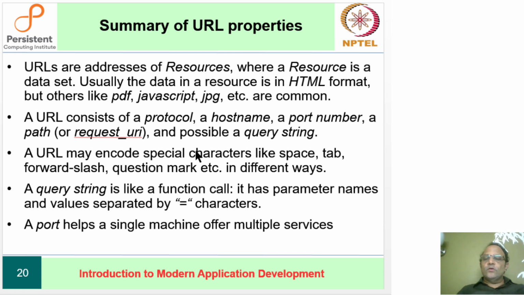A URL can encode special characters like space, tab, slash, question mark, etc. in different ways. A query string is like a function call. It has parameter names and values that are separated by equal characters. A port helps a single machine offer multiple services.